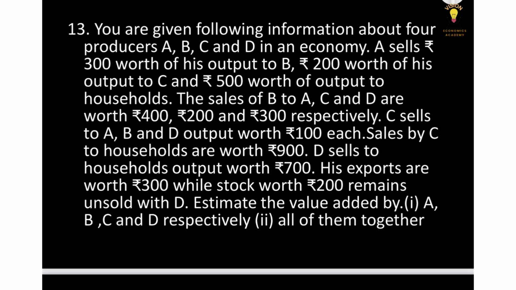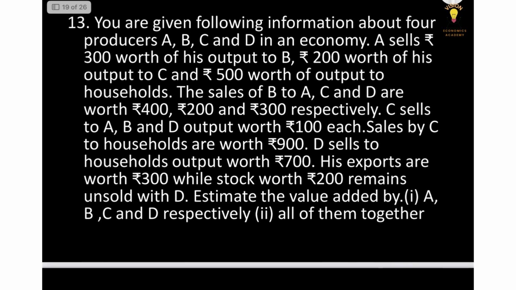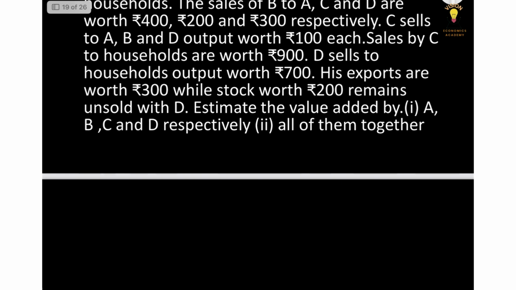Now, see, here they have given information about 4 producers A, B, C, and D in an economy. So, given, now I'll make a table for my sales and purchase.